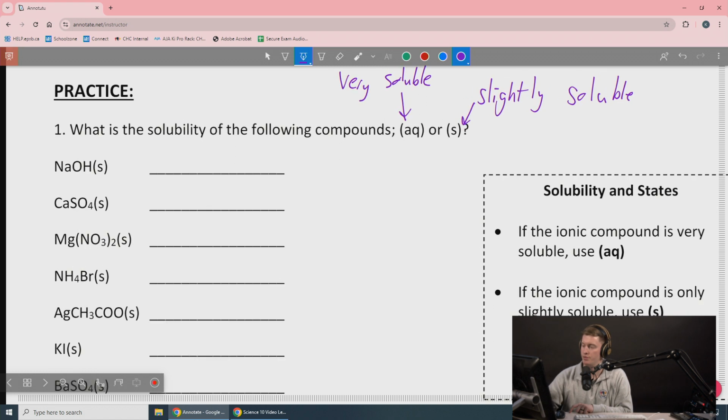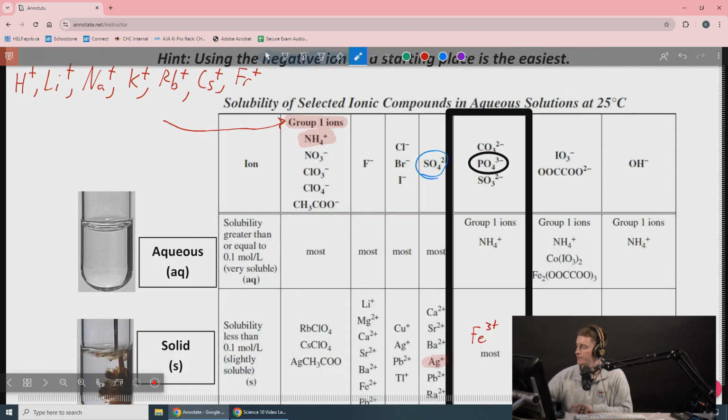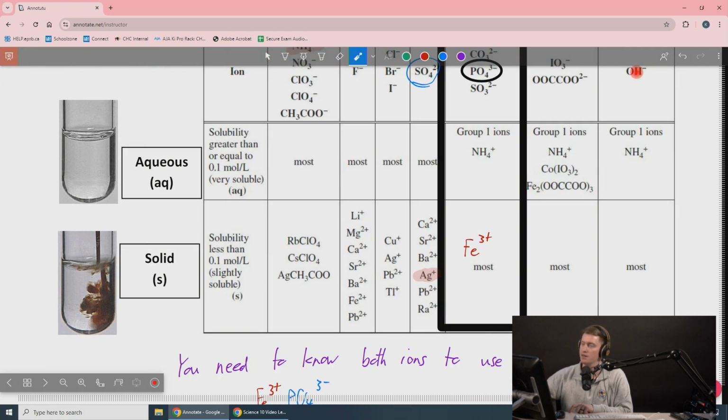Let's work through some of these here. Sodium hydroxide. This is our cation, Na+, and our anion, OH-. I'm going to flip back to the last page and check out our solubility table. OH- is right here. There's our hydroxide. We'll move down.